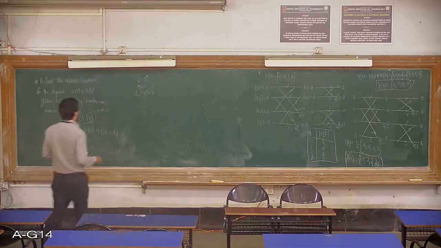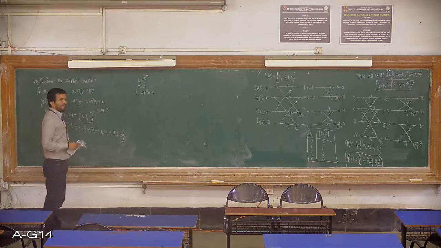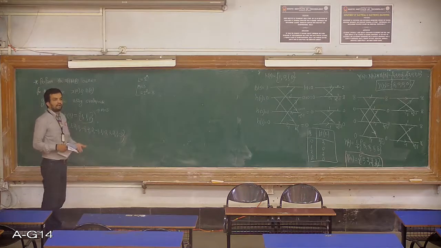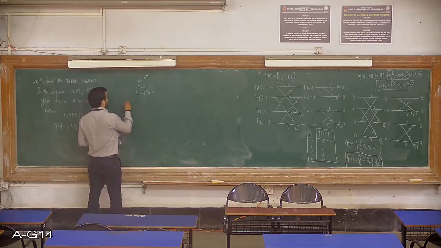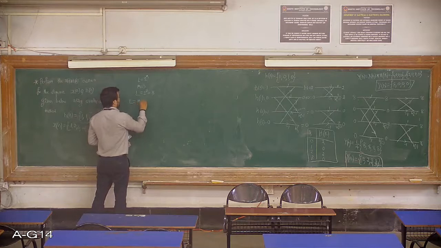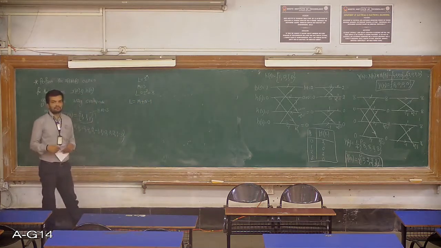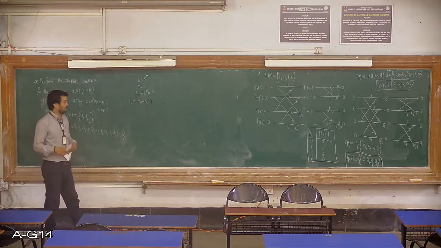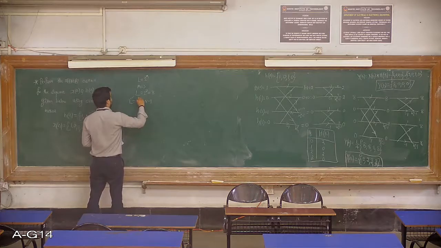And out of 8 values, how many values we have to choose from the x of n? So for that also we have to find the N. For that, one more equation we have, L is equal to M plus N minus 1. We know the M, we know the L, we have to find N value.